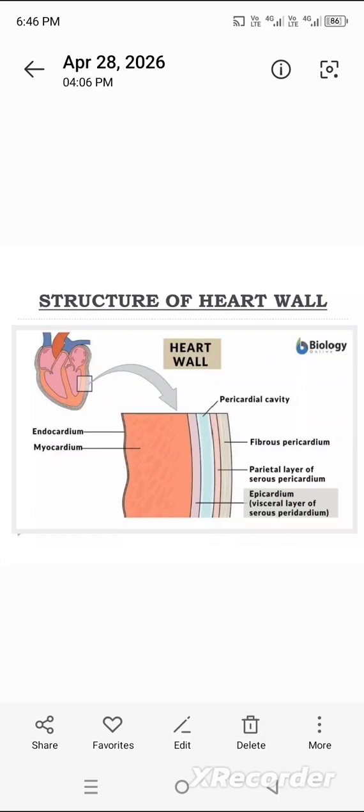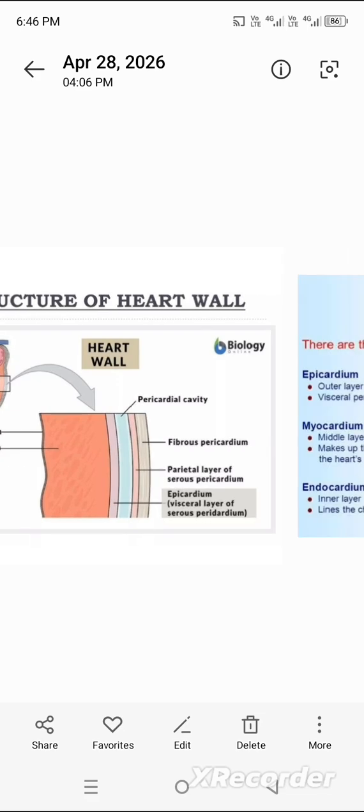Next, we can see the structure of the heart wall. The heart wall has endocardium, myocardium. So here in this image, we can see pericardial cavity, then fibrous pericardium, parietal layer of the serous pericardium as well as the epicardium.